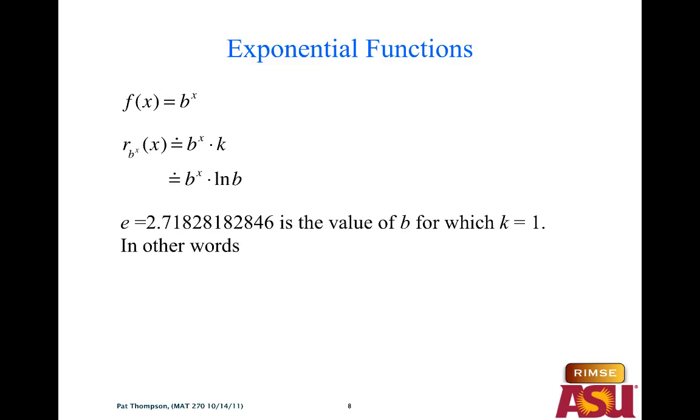Okay, then there's a special one of these. e is the natural base, and that's the special case when that value of k, or natural log of e, is equal to 1.